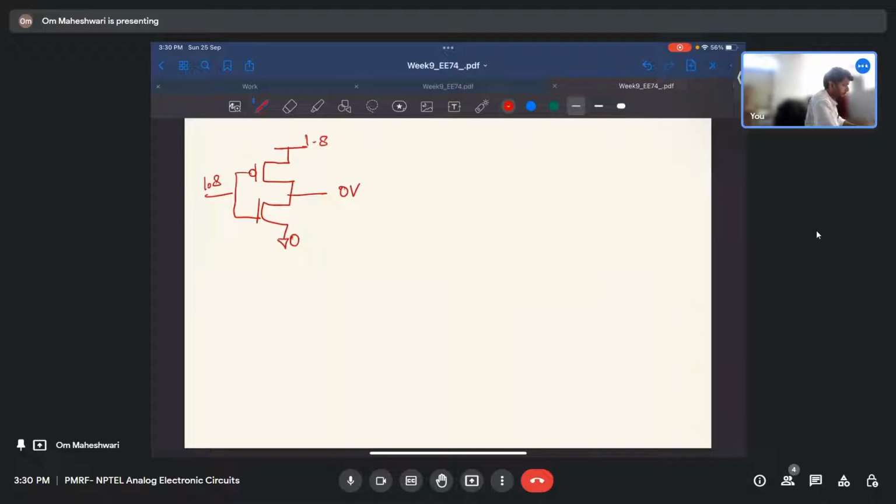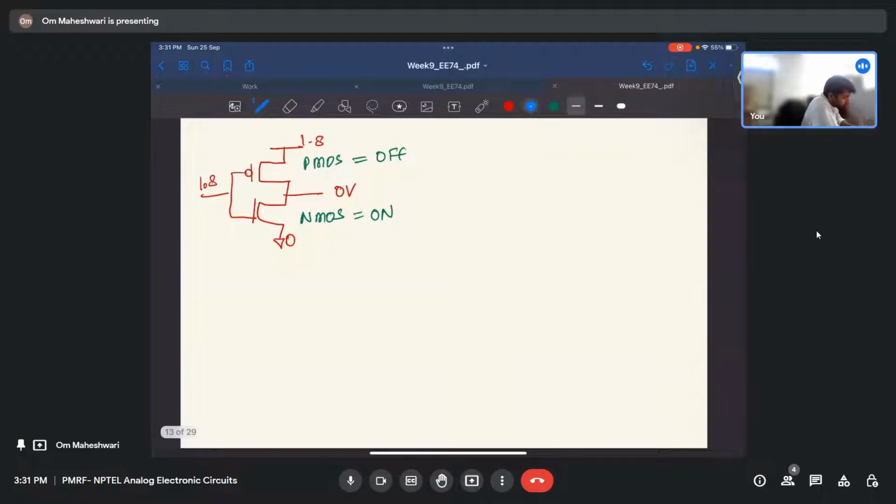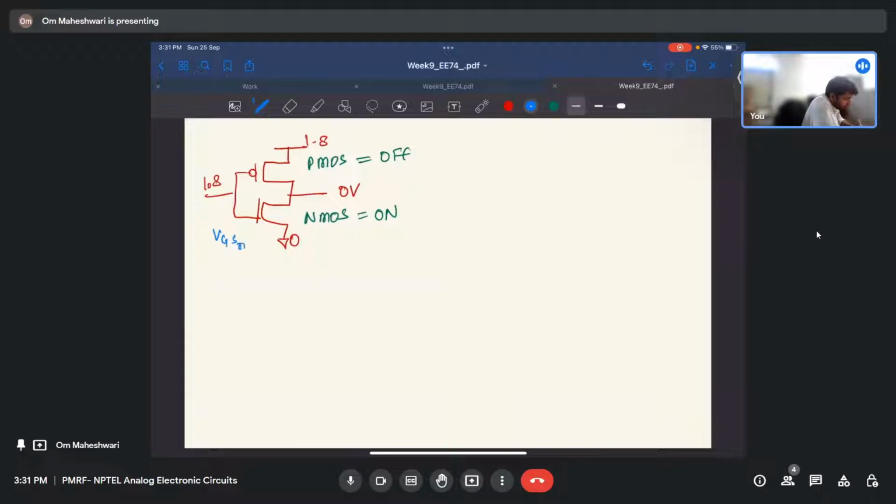So in this case, PMOS is off, NMOS is on. If you see the region of operation, for NMOS, VGSn equal to 1.8, VDSn equal to 0. For PMOS, VSG equal to 0. So it is off, and NMOS is on, but it is in linear region.